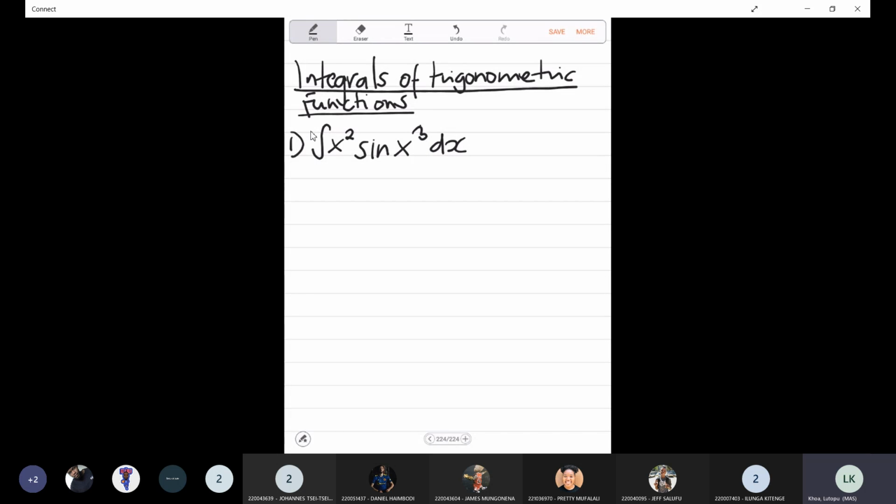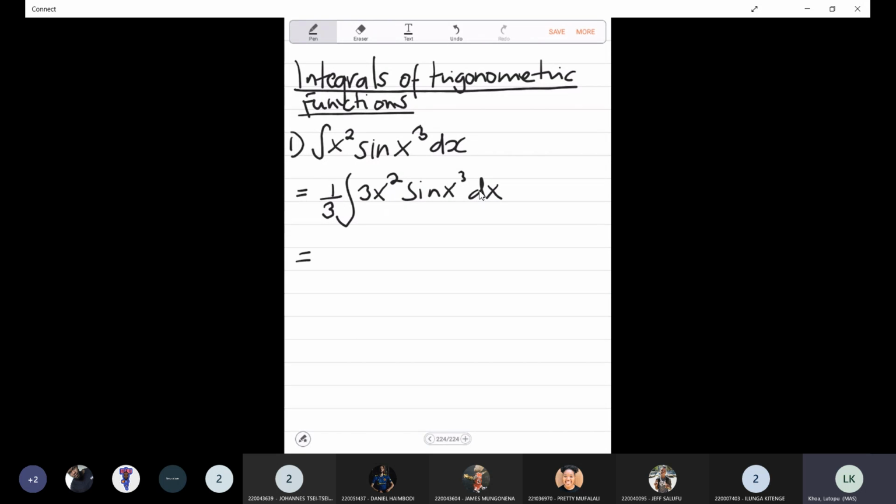So what I do in integrating is I put a 3 and x squared sine of x cubed dx. But just putting a 3 there changes the question. So to reverse me putting a 3 there, I have to put a 1 over 3 over there. Okay, so now I can go ahead and integrate this in one step.